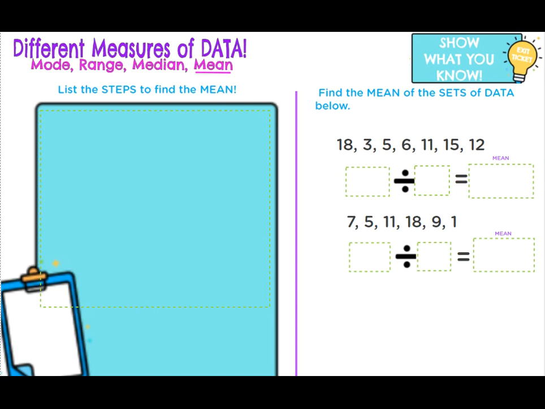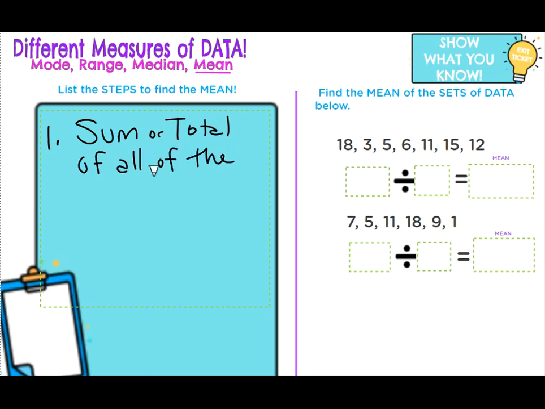Welcome back. And the steps to find mean. So first, we want to find the sum or total of all of the numbers. We want to add them together and get a total.